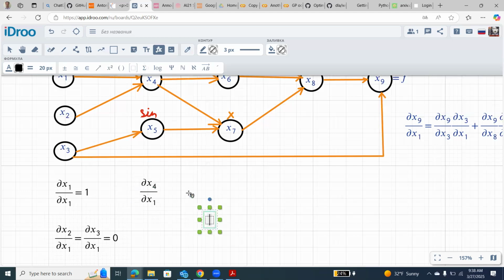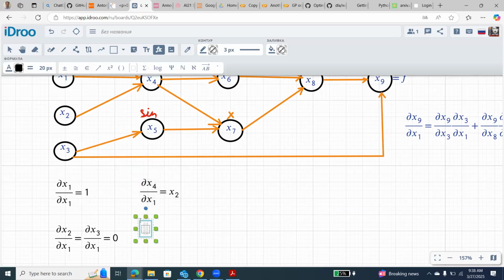Multiplication. There is multiplication of x1 and x2. So what will be the derivative of x1 times x2 with respect to x1? The derivative of the product, yep. It should be x2. Yes, it will be x2, correct.